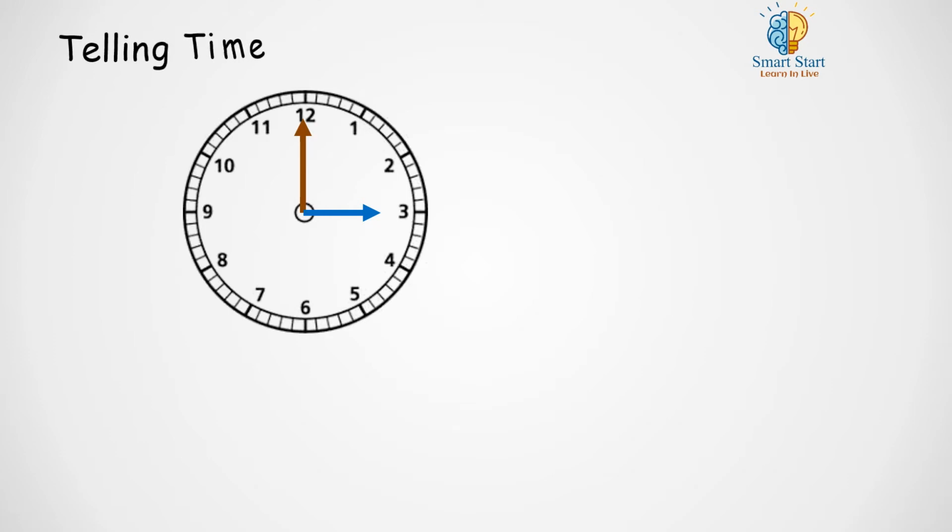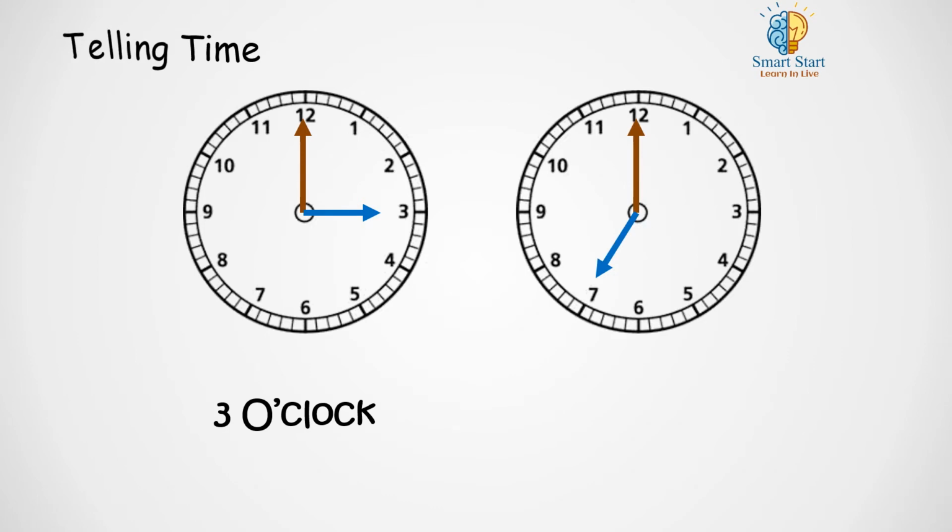Here the hour hand is on 3 and the minute hand on 12. So the time is 3 o'clock. In the second clock, the hour hand is on 7 and the minute hand is on 12. So the time is 7 o'clock.